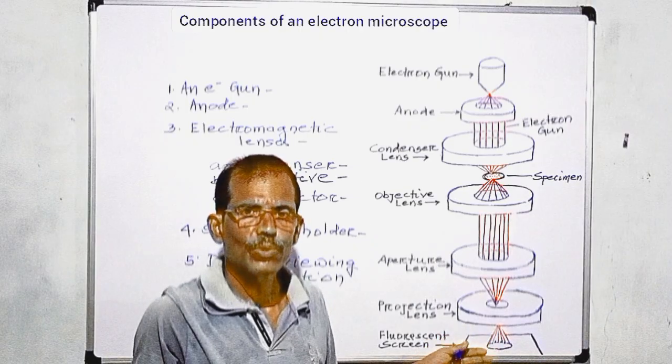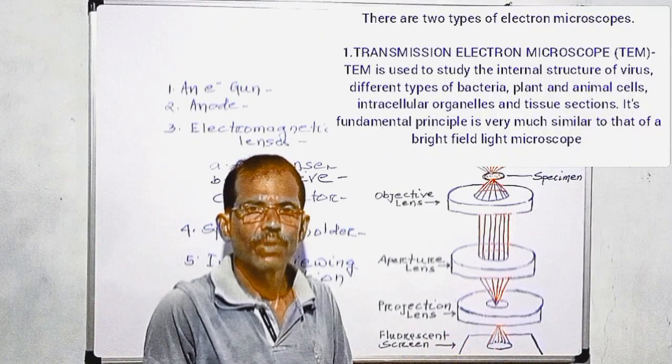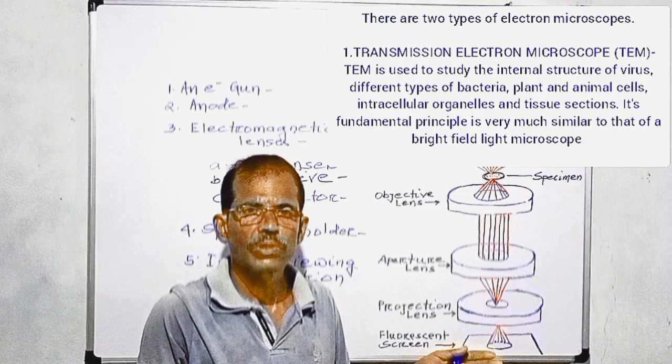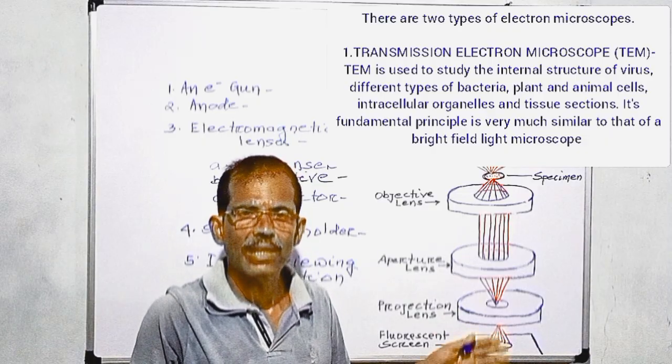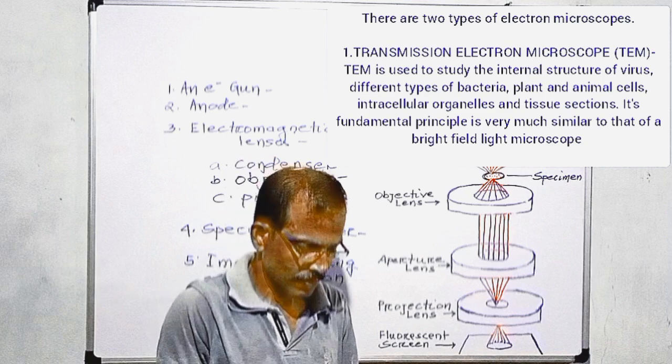There are two types of electron microscope. Number one, transmission electron microscope, and number two, scanning electron microscope.